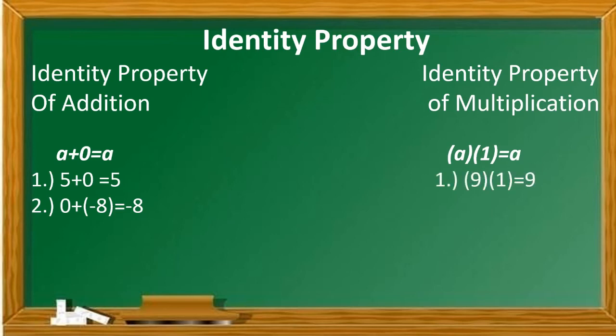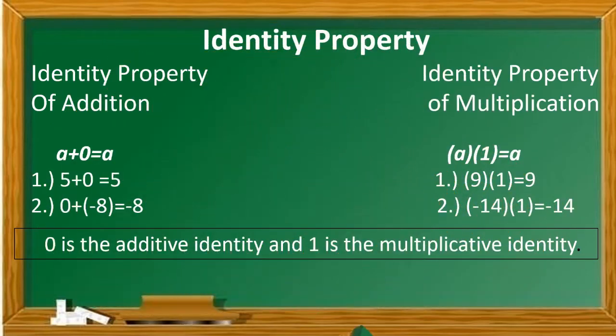Next, negative 14 times 1 is equal to negative 14. It means 0 is the additive identity, and 1 is the multiplicative identity.